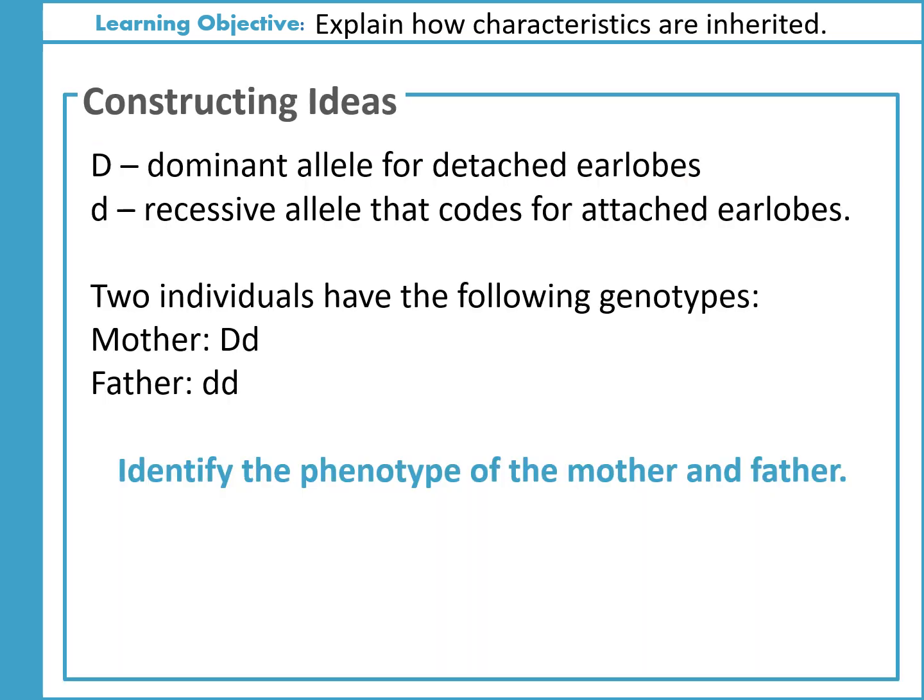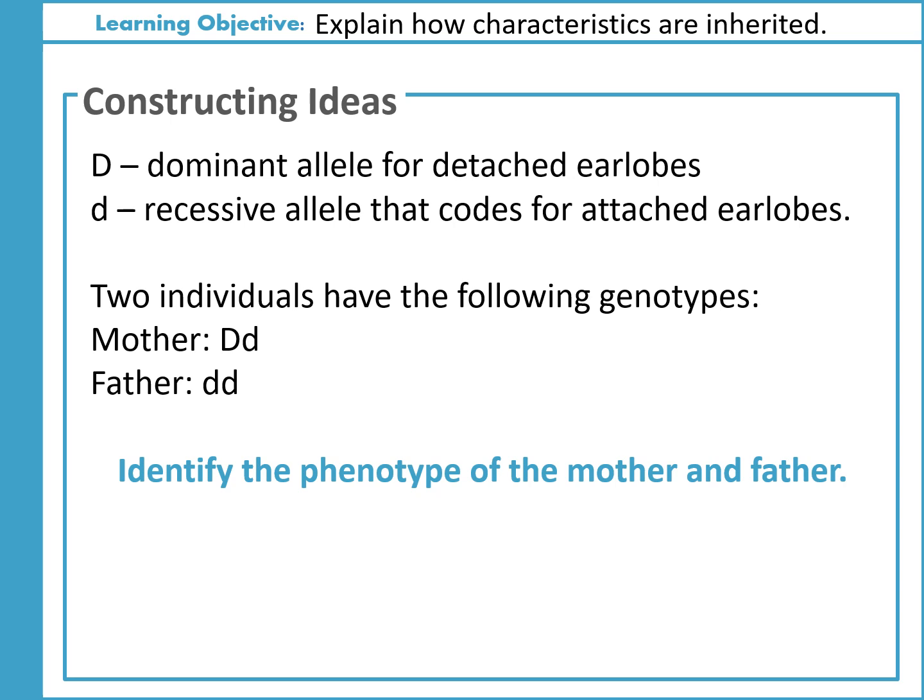We're working now towards constructing a genetic cross diagram or a Punnett square, and we're going to use an example of detached earlobes to do that. On the first line there we have a capital D. Now a capital letter means that you're talking about an allele which is dominant. So having detached earlobes is the dominant condition.